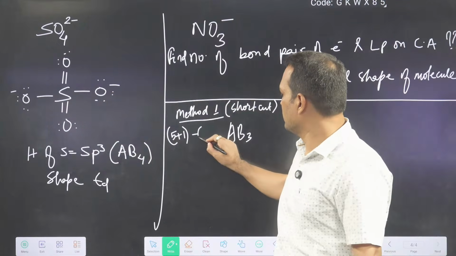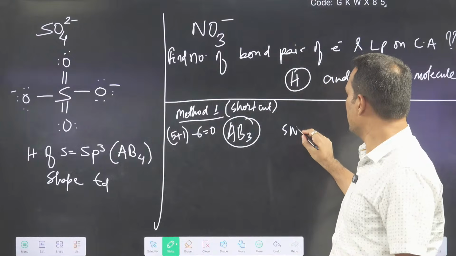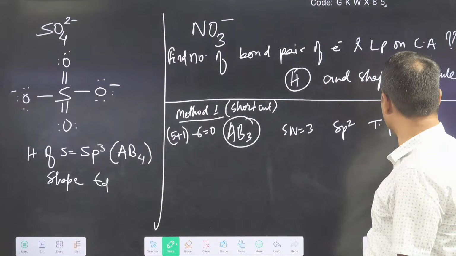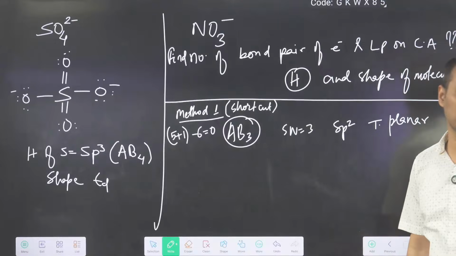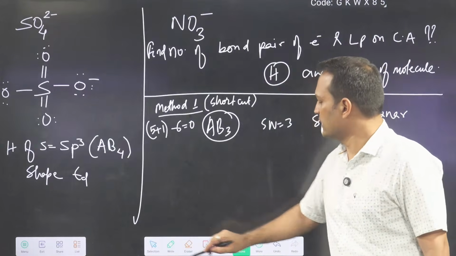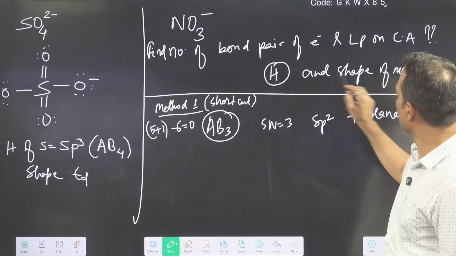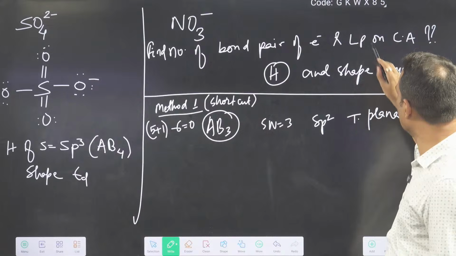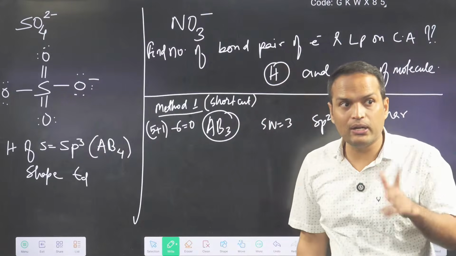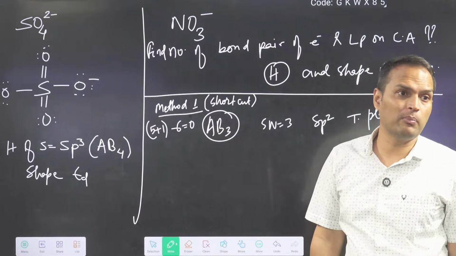So 6 is gone, 0. No lone pair on the central atom. Steric number 3, sp2, trigonal planar. I know this much only. So hybridization is done, sp2; shape of the molecule is done; lone pair on the central atom is done. But total bond pairs I don't know. 3 sigma bonds are there, but total bond pairs I don't know.